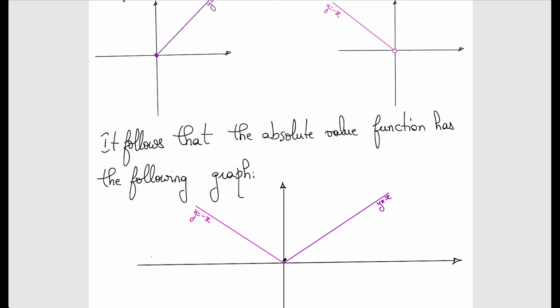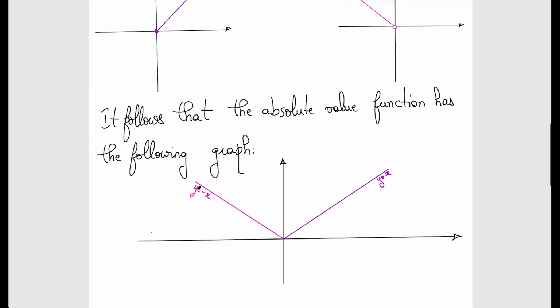Okay, and realize that here I just graph this bullet as any other point. Okay. All right, so the collection of these two pieces is what makes the absolute value function. Okay, so who's the absolute value function then? It's those two branches.